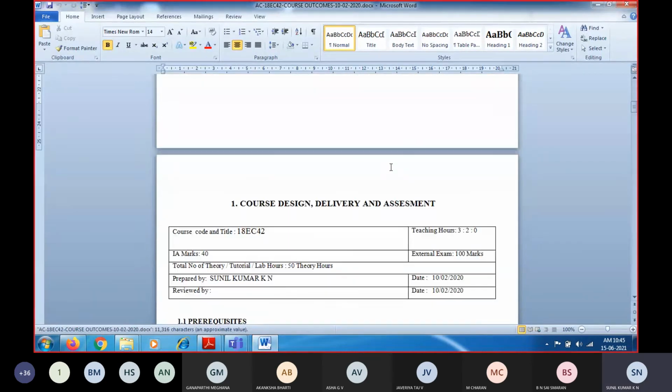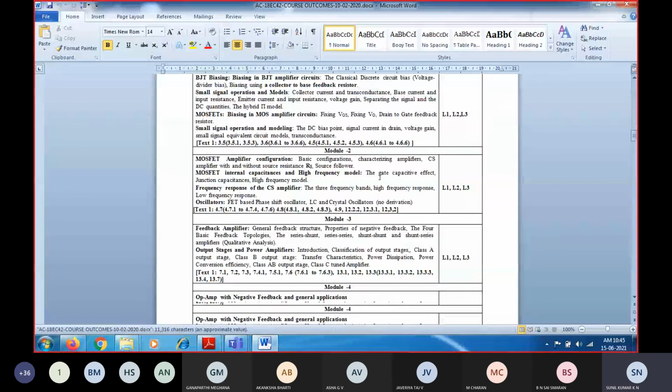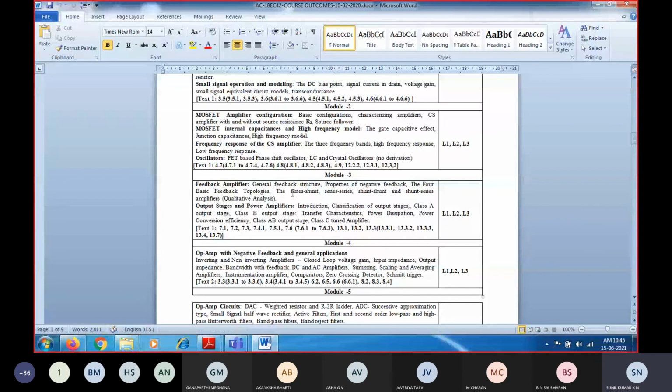That is all about the feedback amplifier. We are now in the third module's feedback amplifier. Series shunt, series only qualitative, so we have to analyze, that's it. If I complete this one, I will have completed about half of the third module. After that I can go with the output stage and power amplifier stage.